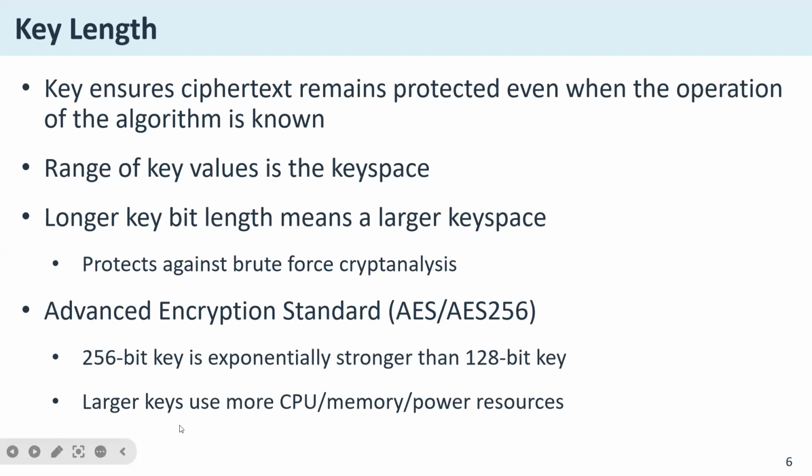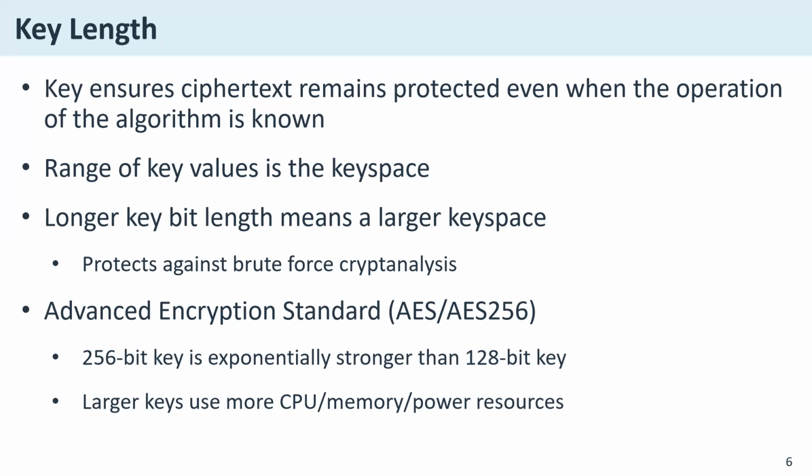Don't forget that the longer the key, the more power, memory, and resources are used to unlock it. It's like having a very large formula with a lot of variables and a lot of computation. The longer the key, the slower it is to unravel, but the more secure. So you don't use that when you're doing some very simple encryption.